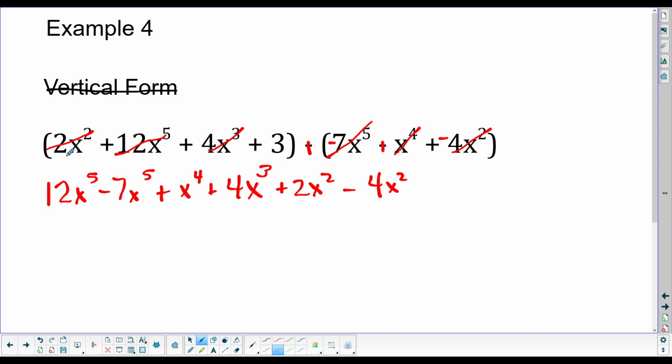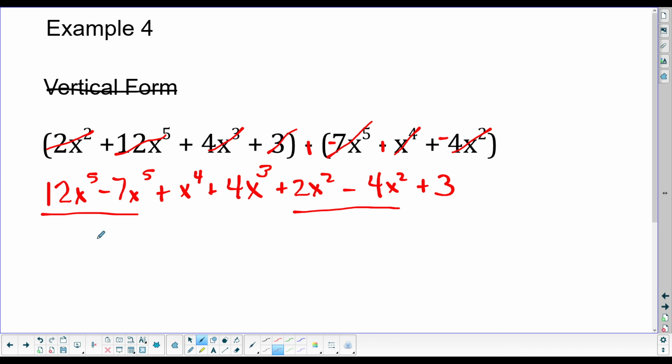The next ones would be linear, but I don't appear to have any linears, so I look for the constants, and I'd have +3 here. Now I just have to combine like terms. There are some like terms there, those quintic terms. I've also got some quadratic terms that are like terms, and the rest just have single terms.